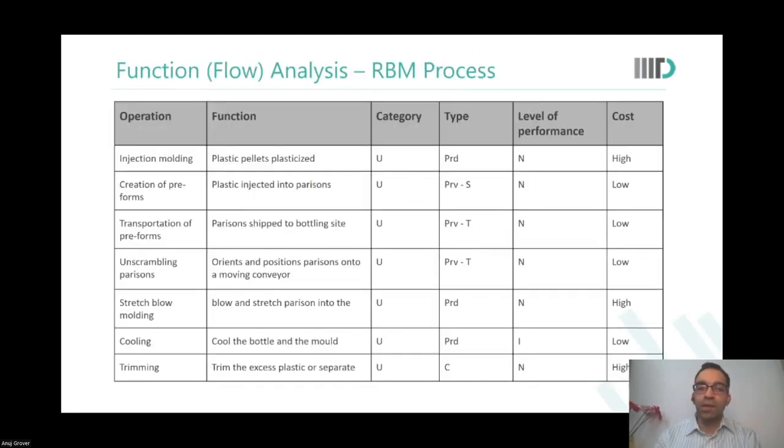So if you look at the blow method or the bottle manufacturing process, we look at injection molding. What is the function? Plastic pellets plasticized. Is it a useful function? Yes. Type is productive. Level of performance, normal. Cost, very high.